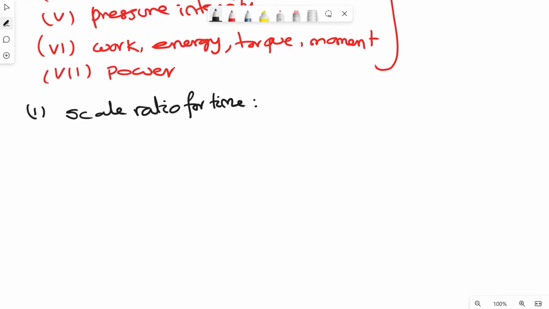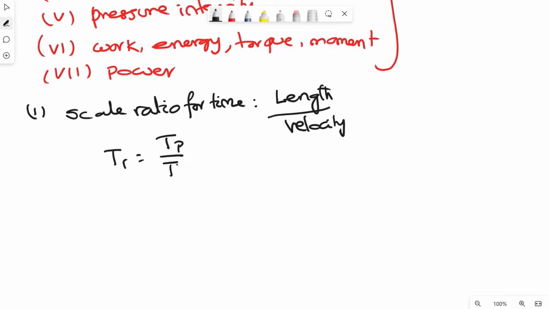Scale ratio for time: time is equal to length by velocity. So TR is equal to TP by TM. TP by TM means L by V in the prototype divided by L by V in the model.